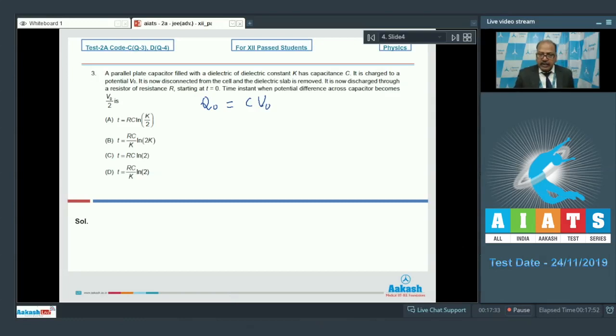Now the capacitor has been disconnected from the cell and the dielectric slab has also been removed.